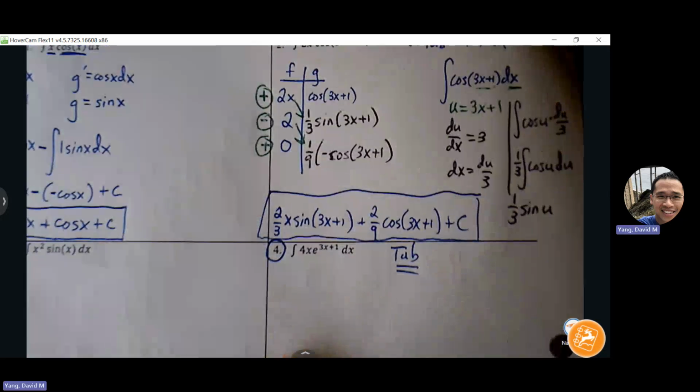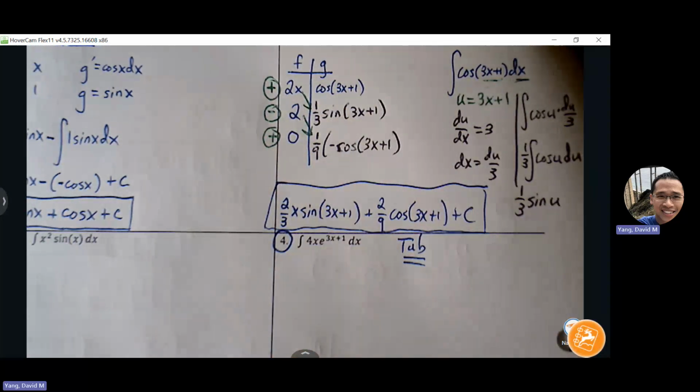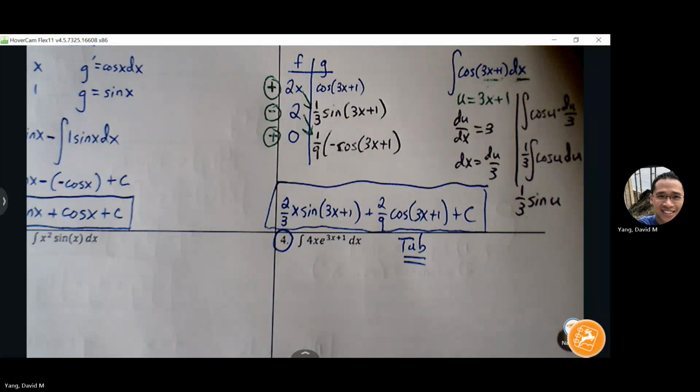Try number 4, should look a lot like how we did number 2. The integral of e to the u is just e to the u plus c, right?